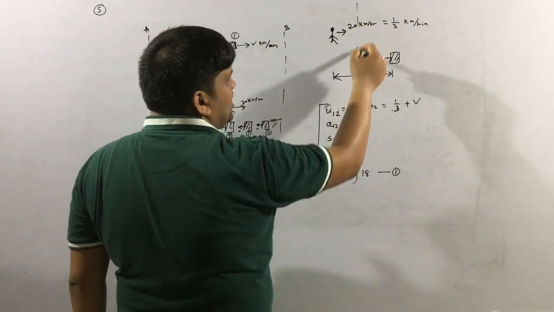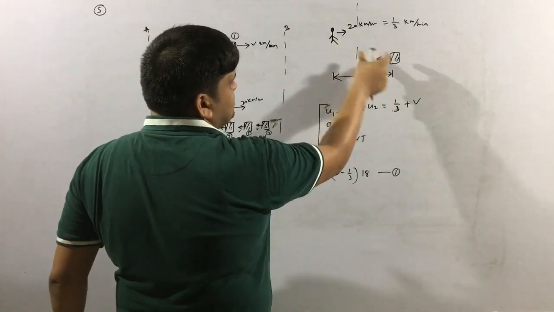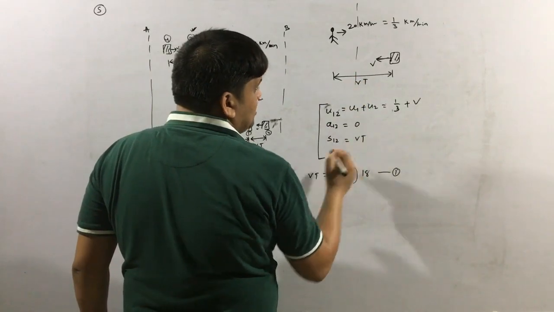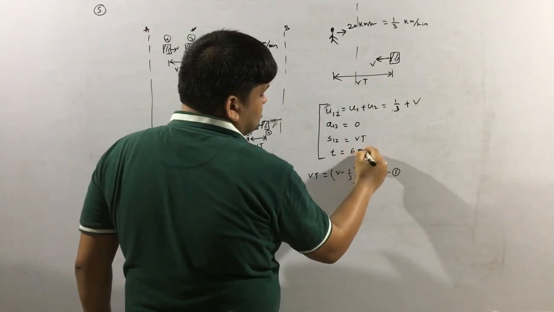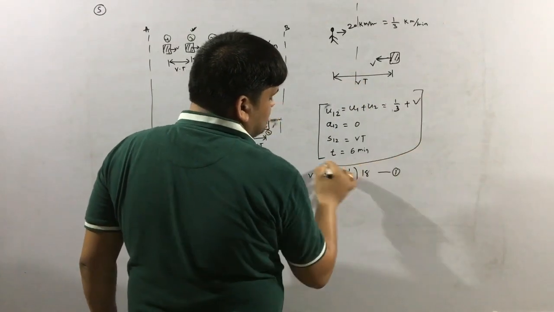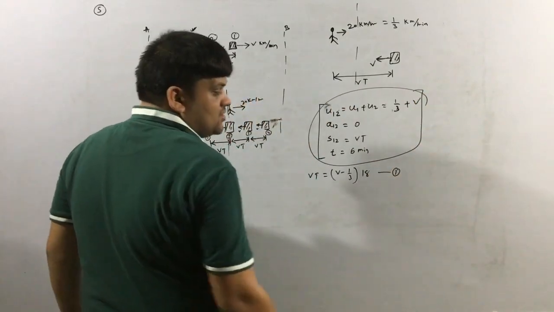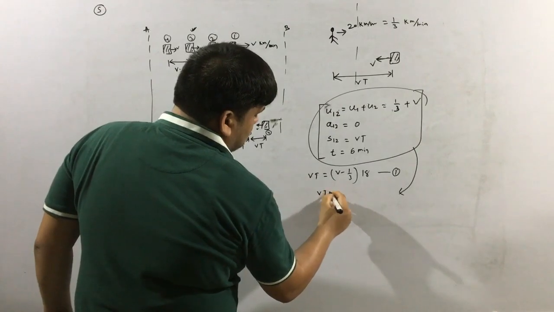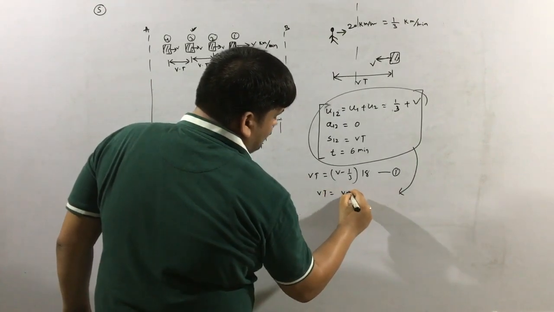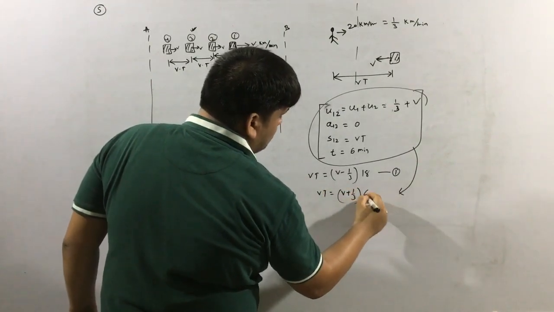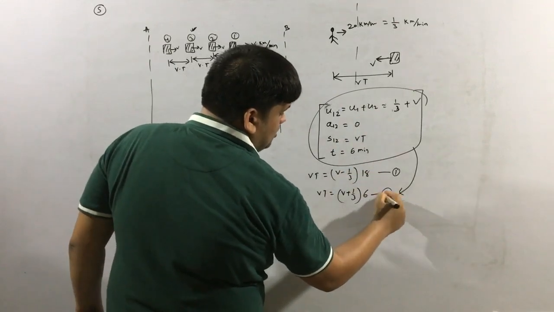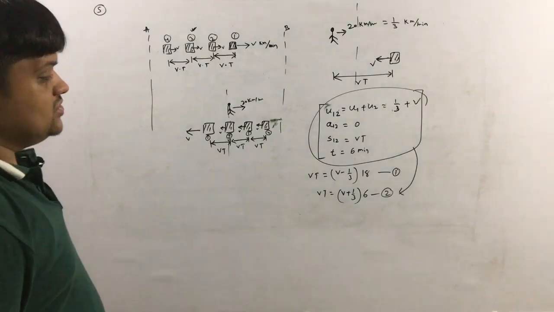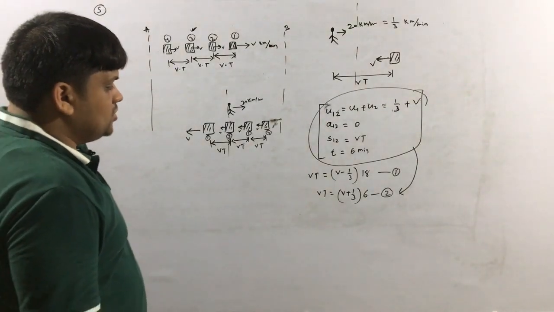Again we don't know where they are going to meet, but obviously this distance plus this distance is going to be this. So vt, and time is given as 6 minutes. So from using these 4, again write an equation. If you write an equation, you will get again s equal to ut plus half a t square. Again I can remove that because a is 0. Okay, so these are the two equations.